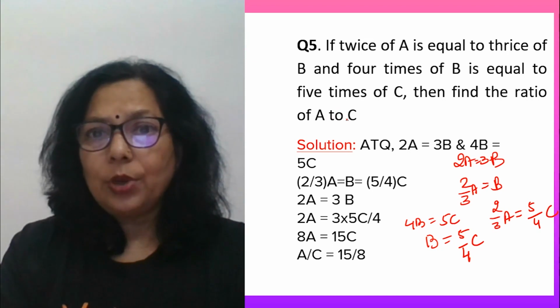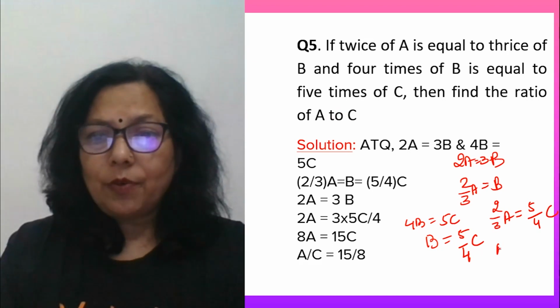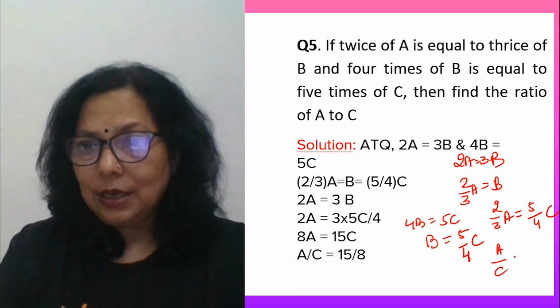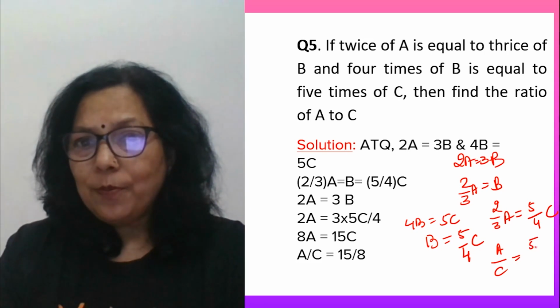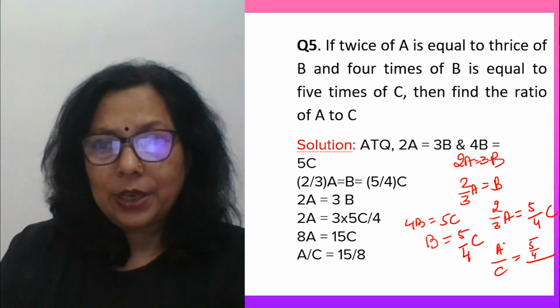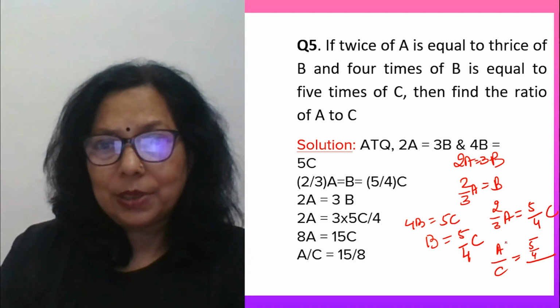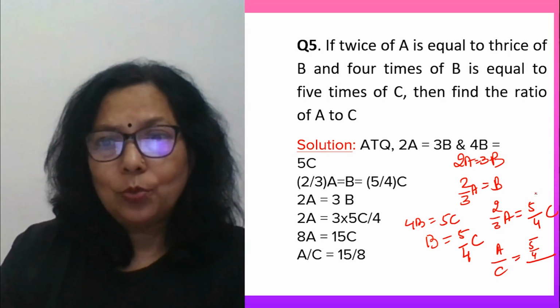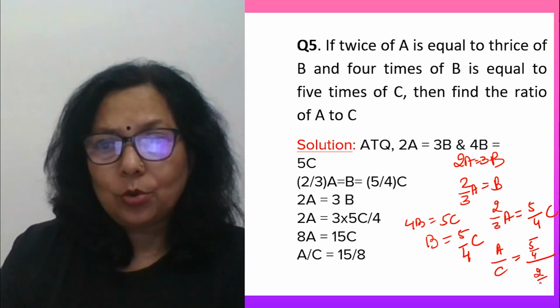Now you have to find out A to C. So you will divide A by C. When you bring A to C over here, cross multiply. C will go in the denominator, so 3 and 2 go up, and it will be divided by 2 by 3.